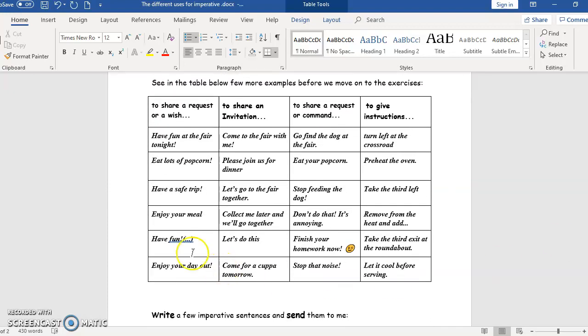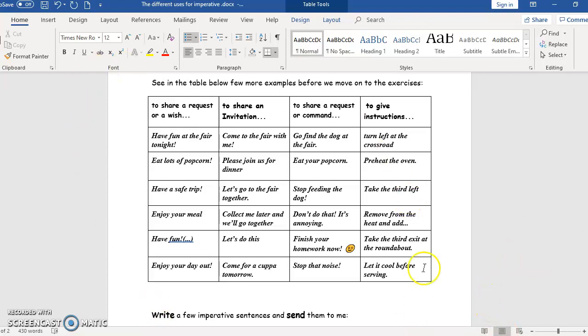Here I made another table with a few more examples of imperative sentences. Here to share a request or a wish, to share an invitation, to share a request or give a command. That can be very similar, depending a little bit on the sound of your voice, or to give instructions. Again, they are quite simple sentences, so I will not read them for you.